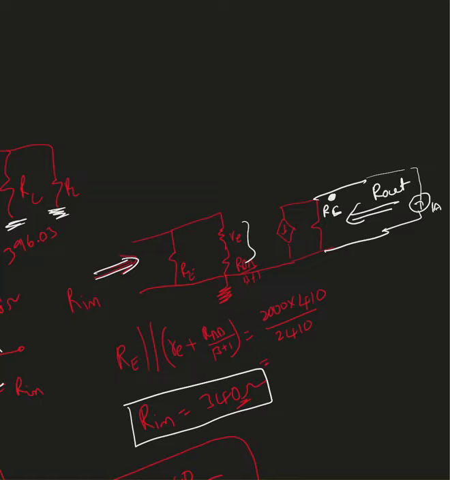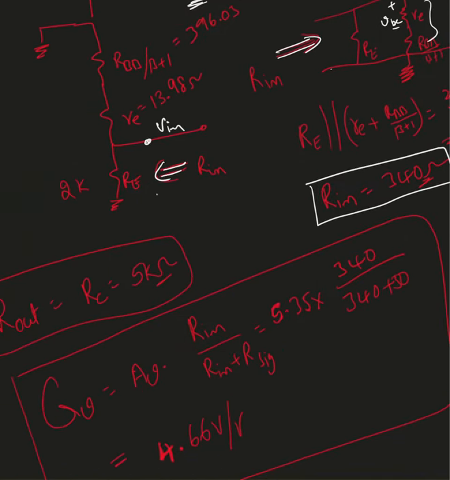But at the same time, here is my VB, remember that. I'm not connecting anything to these terminals, so my VB equals 0. So the current passing through this must be 0 milliamperes. So my R out must be the same as RC in this case. So my R out here is RC.